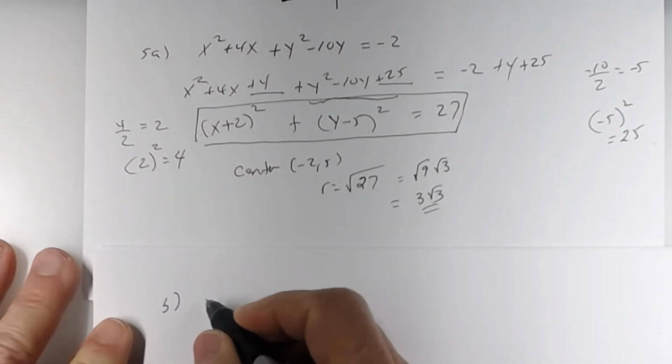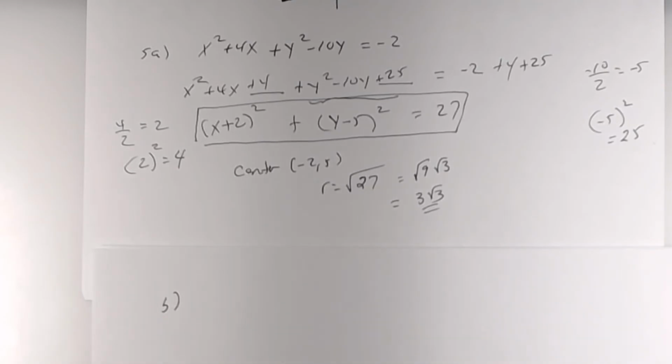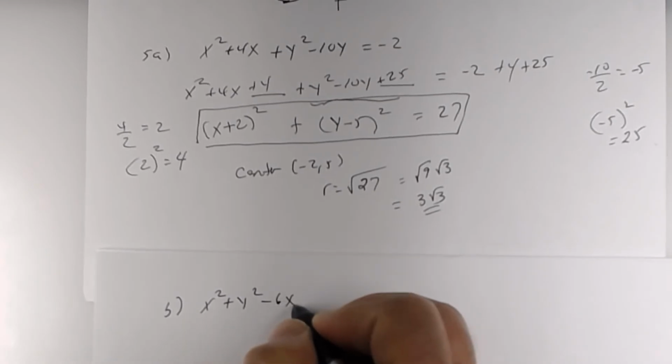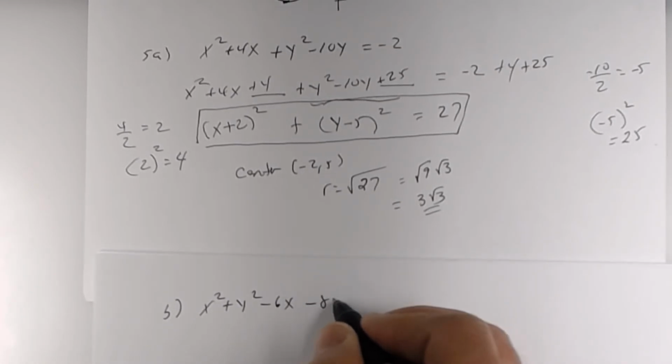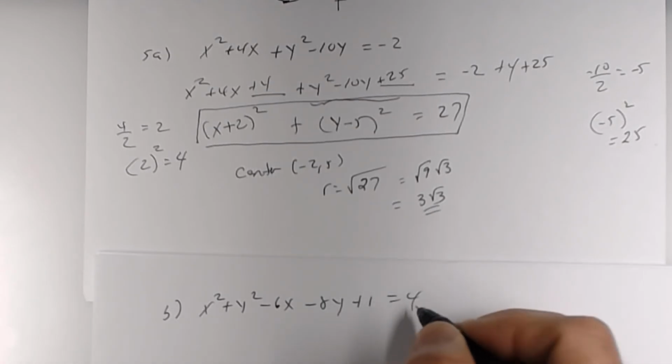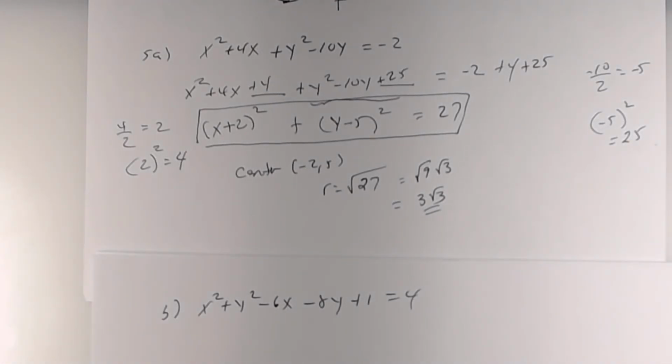Okay, let's look at B. So B is x squared plus y squared minus 6x minus 8y plus 1 equals 4.